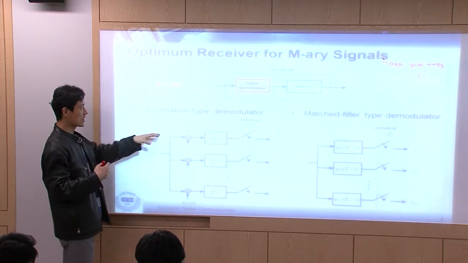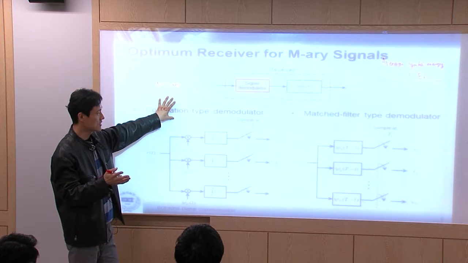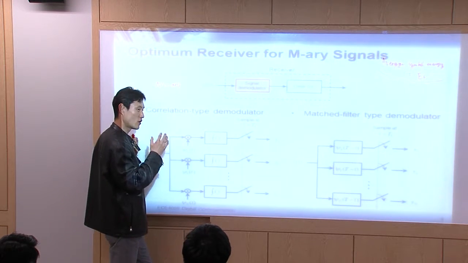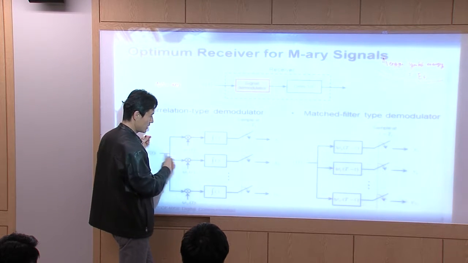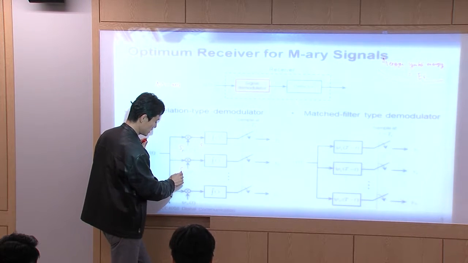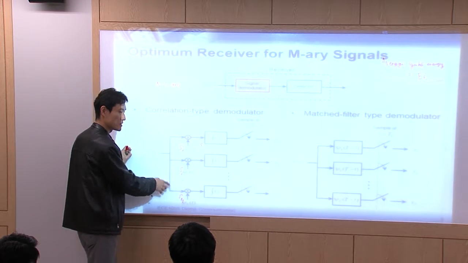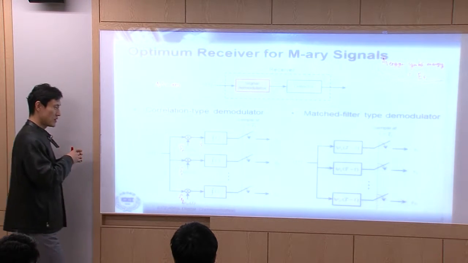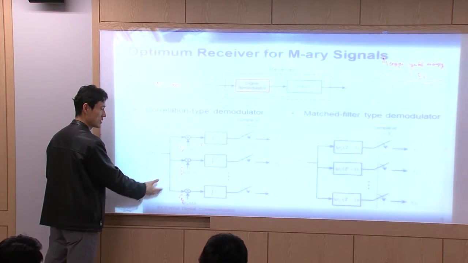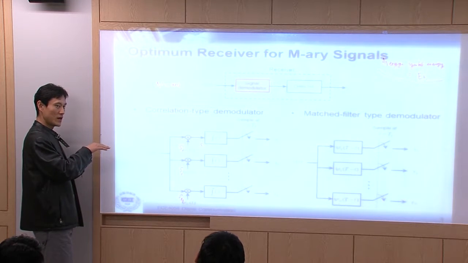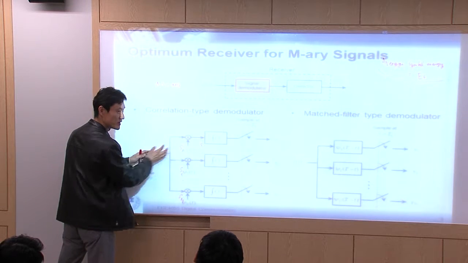Okay, let me remind you one more time. What is the correlation type? What's the idea? We know that the possibilities are S1, S2, dot, dot, dot, SM. We know that there are M different symbols available. The transmitter transmits one of these, maybe S5, maybe S2, something like this, right? Now what we do is we receive that with the noise, and we compare it.